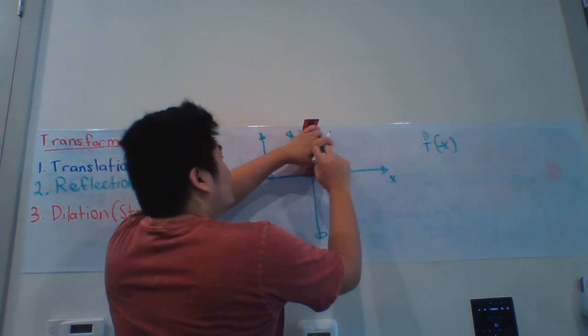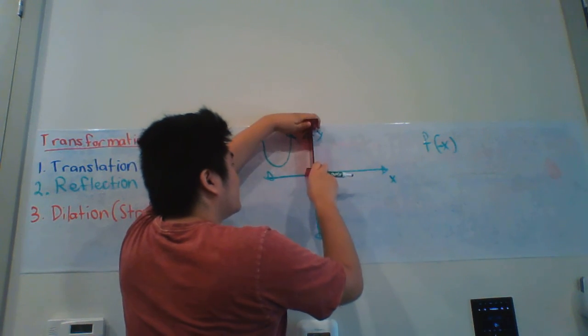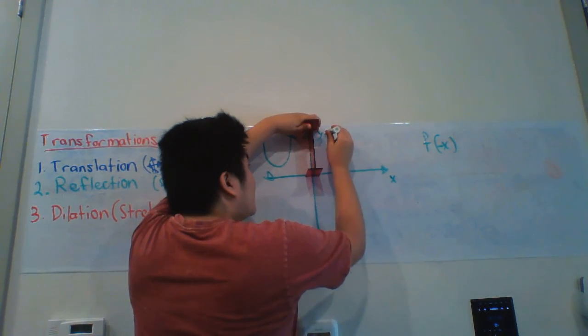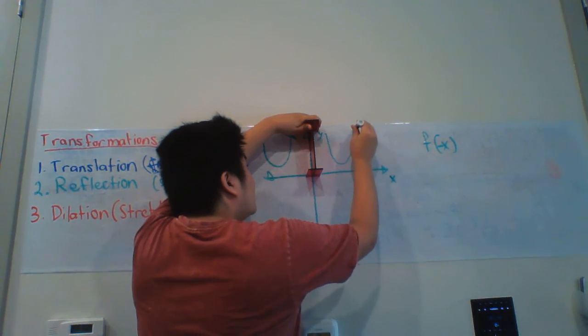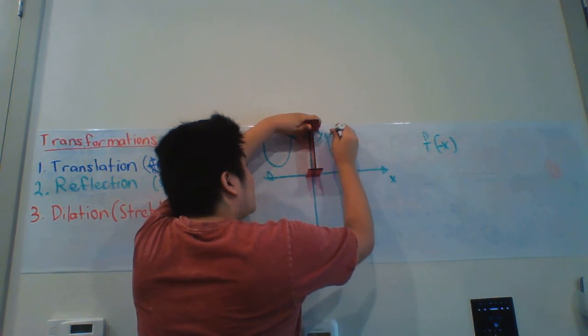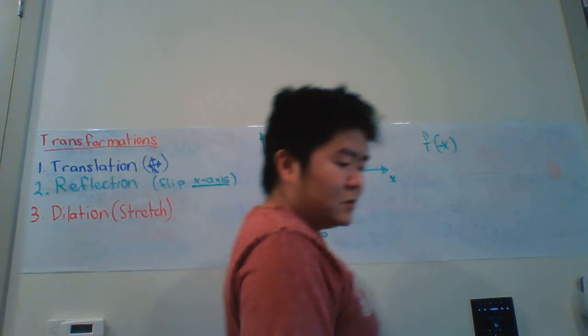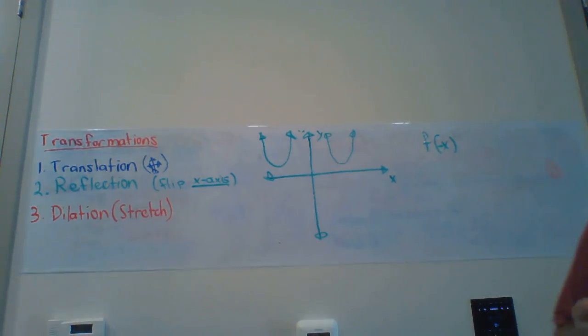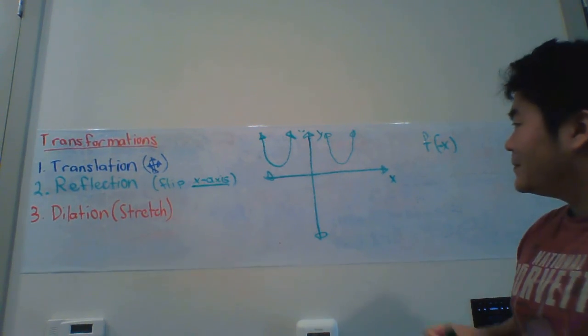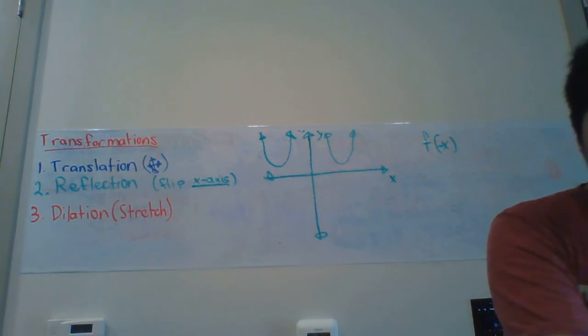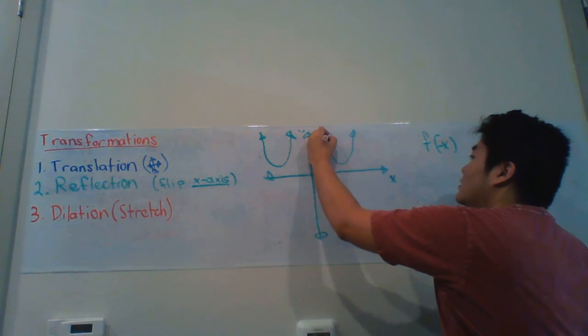What I can do is take my right hand. This kind of stinks because I'm left-handed. And I can trace my parabola. It's not going to look perfect because I'm left-handed. So that is what my reflection should be.